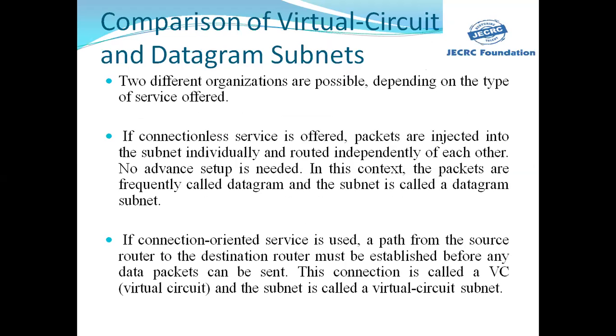In this context, the packets are frequently called datagrams, and the subnet is called a datagram subnet. If connection-oriented service is used, a path from the source router to the destination router must be established before any data packet can be sent. This connection is called the virtual circuit, and the subnet is called the virtual circuit subnet.